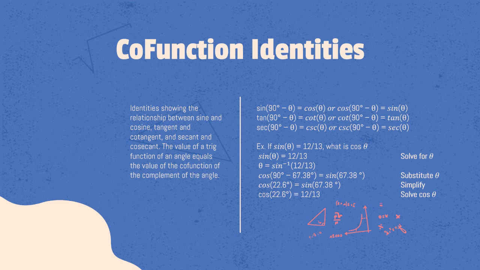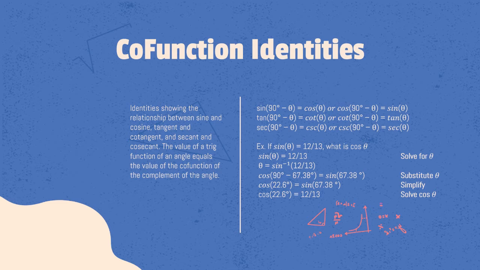Sine of 90 degrees minus theta is equal to cosine theta, or cosine of 90 degrees minus theta is equal to sine theta. Tangent of 90 degrees minus theta is equal to cotangent theta, or cotangent of 90 degrees minus theta is equal to tangent theta. And lastly, secant of 90 degrees minus theta is equal to cosecant theta, or cosecant of 90 degrees minus theta is equal to secant theta.